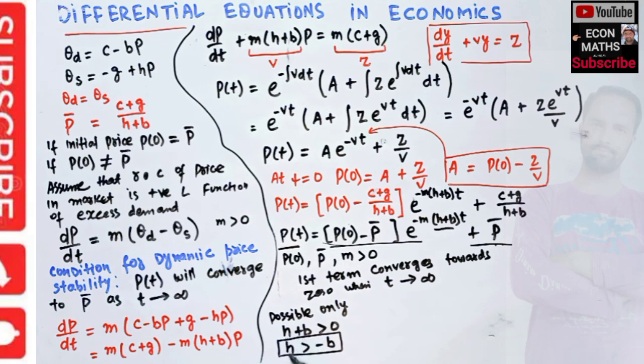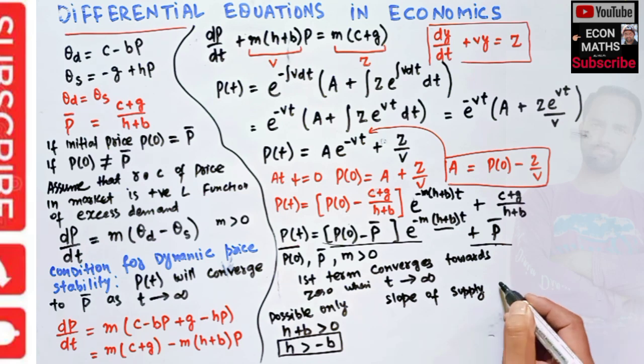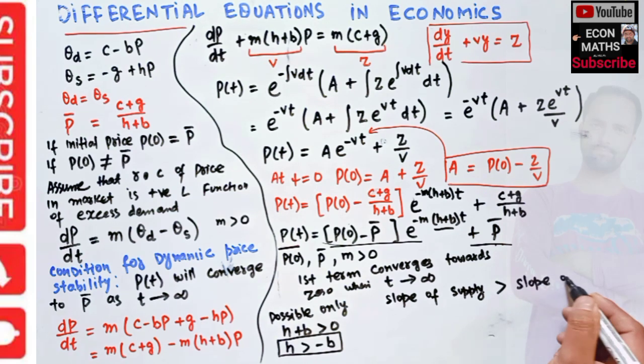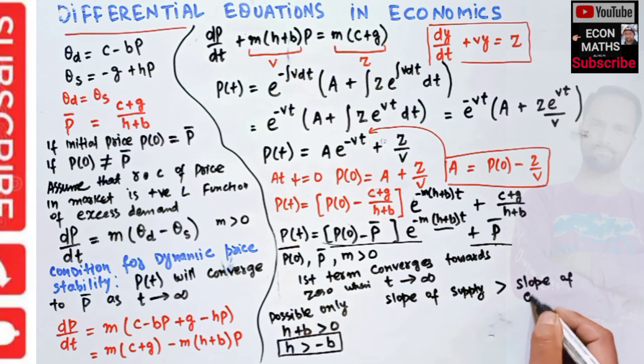But what are this h and b? That means the dynamic stability requires that the slope of the supply function should be greater than the slope of the demand function.